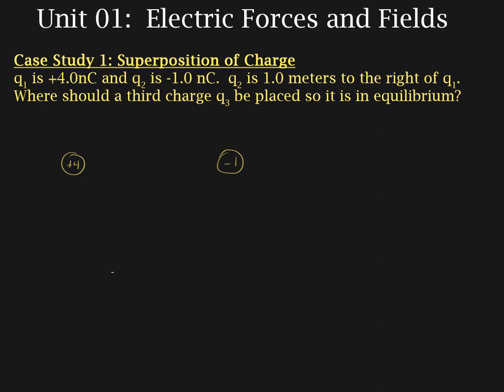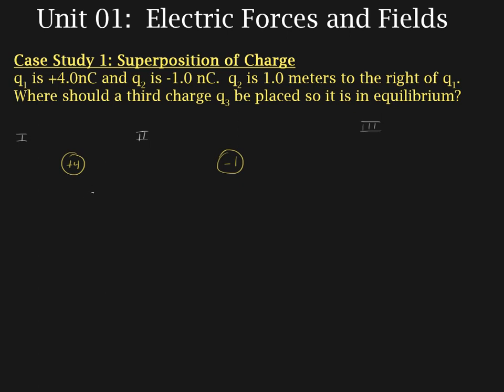So basically, if we're putting charges in a line, it's going to be somewhere either in region 1, which is to the left of the +4, region 2, which is between the +1 and the -1, or somewhere over in region 3, which is to the right of the -1. So let's just start with region 1.